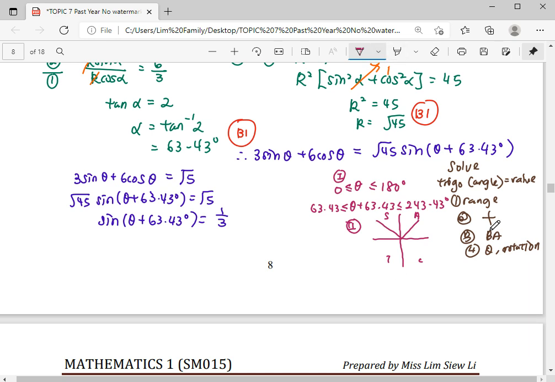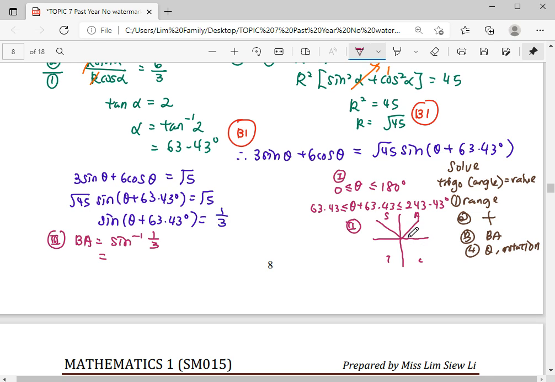Then we go for step 3, basic angle. For finding basic angle, we just need to shift our sine to the value. So remember, our value here, we won't take negative, just like the argument we did in chapter 1. The angle we did in chapter 1, shift tangent b over a. B over a cannot take negative. So only positive number. We want to find out the basic angle here.